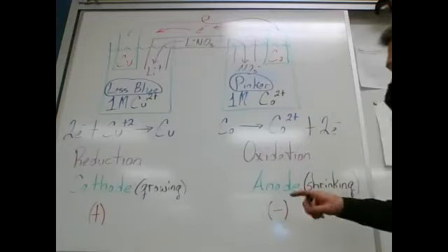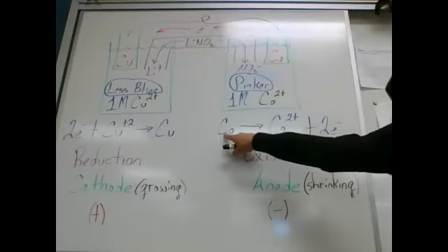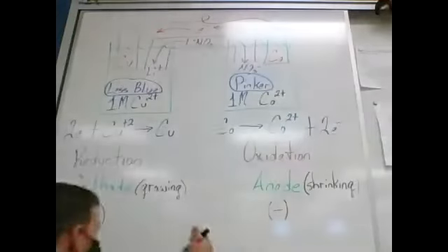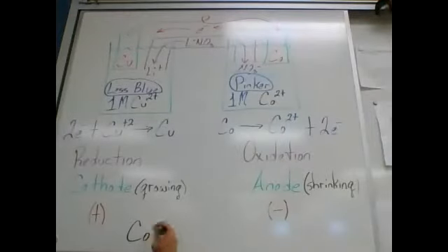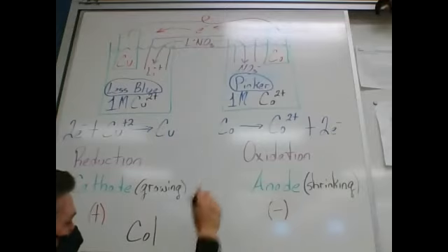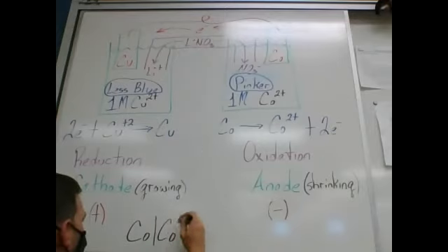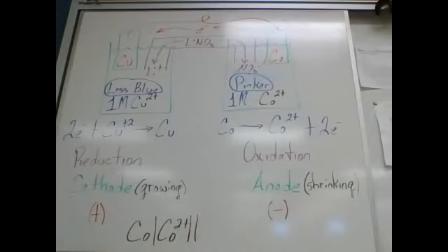So let's start with the anode. First I see cobalt, so I'm going to write cobalt and draw one line. Next on the anode, I see cobalt 2. Cobalt 2, I'm going to draw 2 lines because I'm done with the anode.